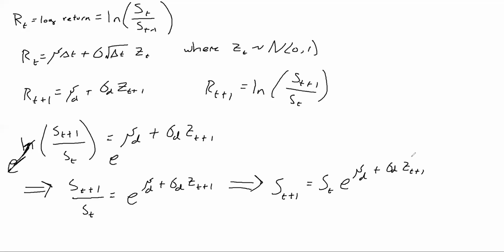So this is what we're going to simulate. The z is what we're simulating. The volatility and the mean will be found. They are going to be calculated.